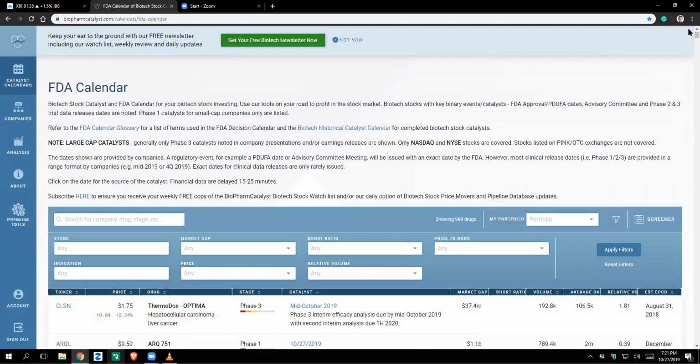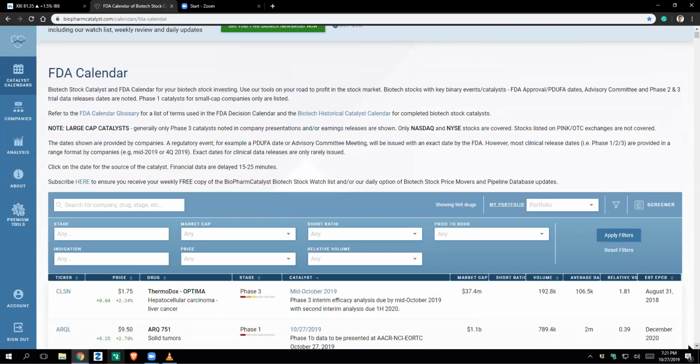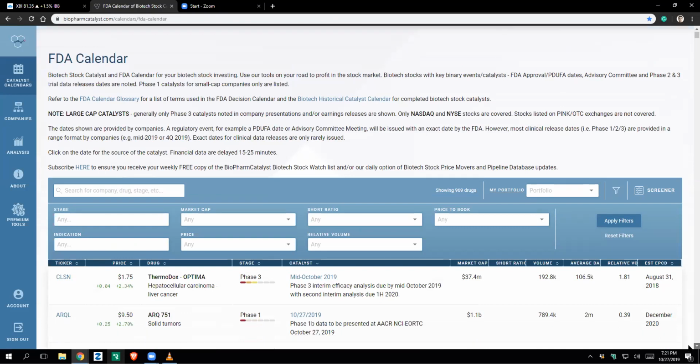Okay, so let's see. Hepatocellular carcinoma, liver cancer, phase 3 interim analysis due by mid-October 2019. Second interim analysis due in the first half.